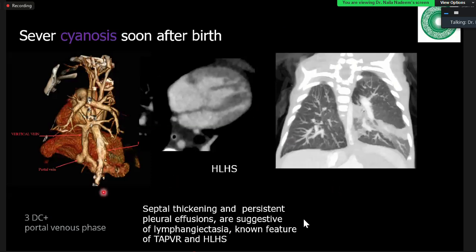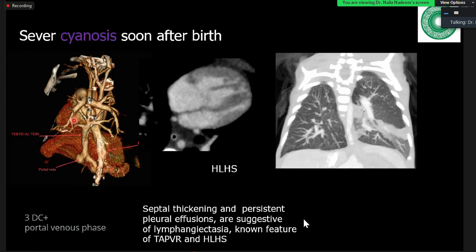This was what was happening to this patient: severe cyanosis soon after birth, presented with congestive heart failure. Why? Because the patient had total anomalous pulmonary venous drainage, infracardiac type, draining into the portal vein, which has developed an aneurysm. So signs of obstruction are present.